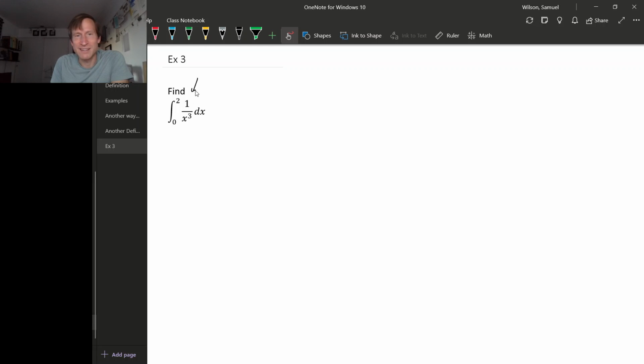Just looking at this, you wouldn't necessarily notice that this is an improper integral, but because 1 over x cubed is discontinuous at the bound 0, this is an improper integral. So we have to do our little limit surgery to cut away that discontinuity. So limit as t goes to 0.